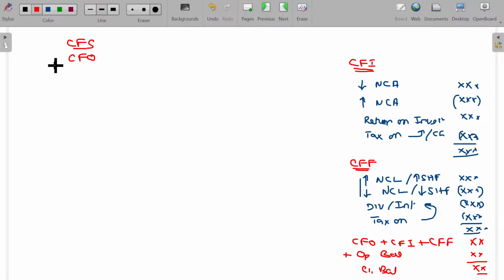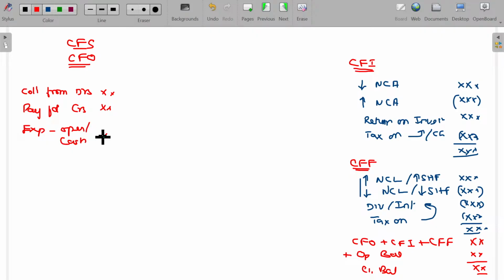In case of cash from operation, you start with collection from debtors and payment for creditors and expenses related to operation, cash expenses, operation related expenses, that too it should be in the form of cash.